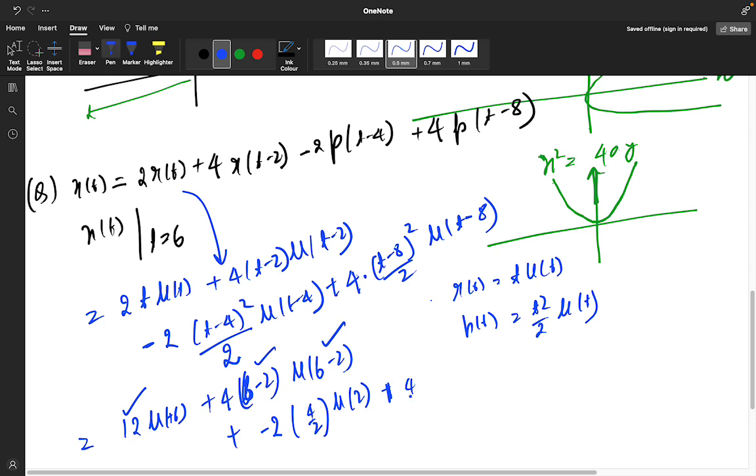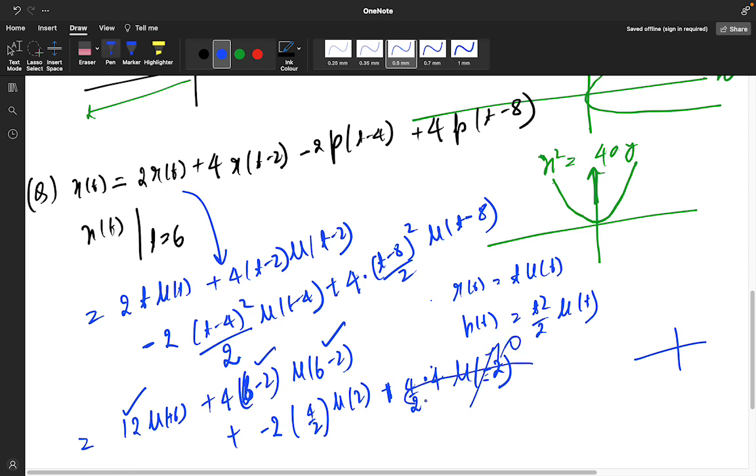Plus 4 by 2 times 6 minus 8, a negative value. 6 minus 8 is minus 2, the whole square would be positive, 4. But u of minus 2 is a negative argument, and we know that when the step function has a negative argument, it will be 0.